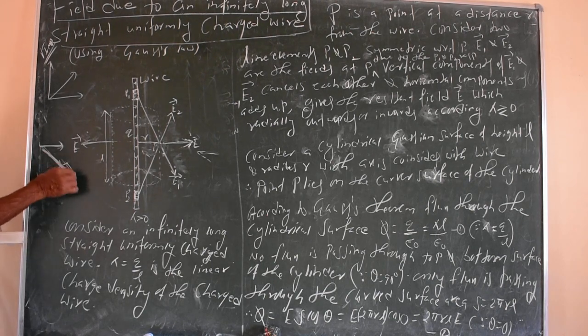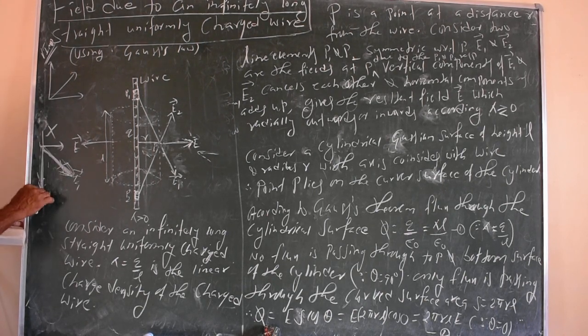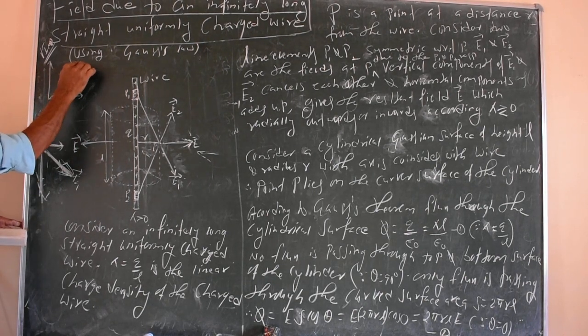So we draw the vertical component like this. It is E1 bar. The vertical component comes like this, horizontal like this. This is E2 bar actually.